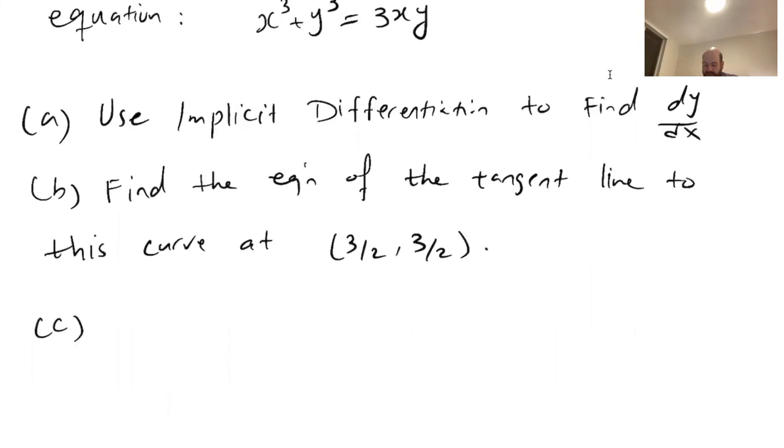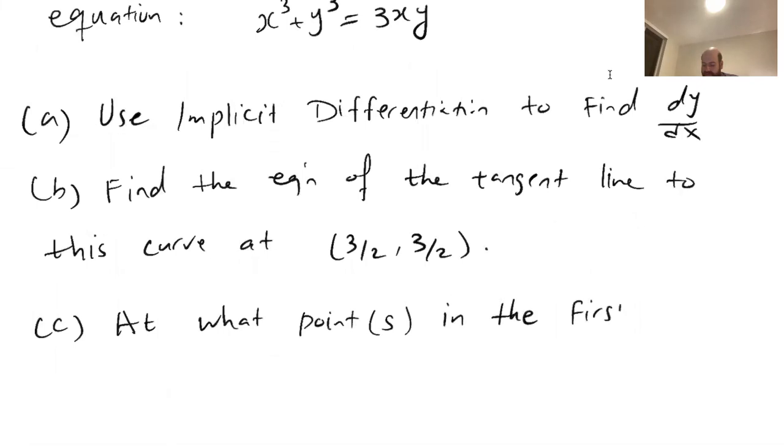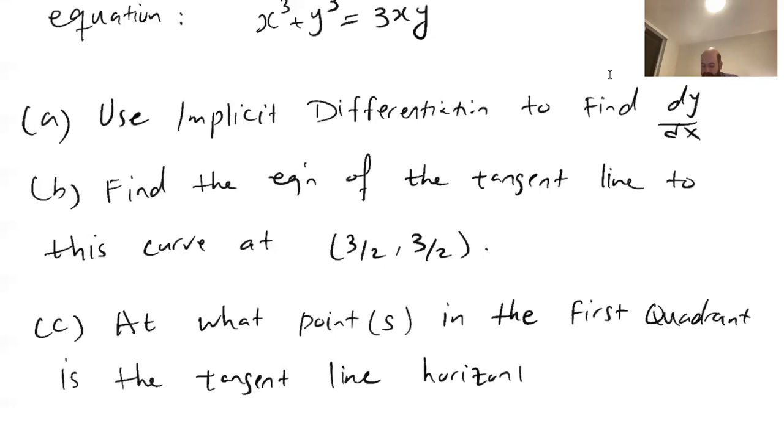And part C, at what point or what points in the first quadrant is the tangent line to this curve horizontal? By tangent line, I mean tangent line to the curve, of course.